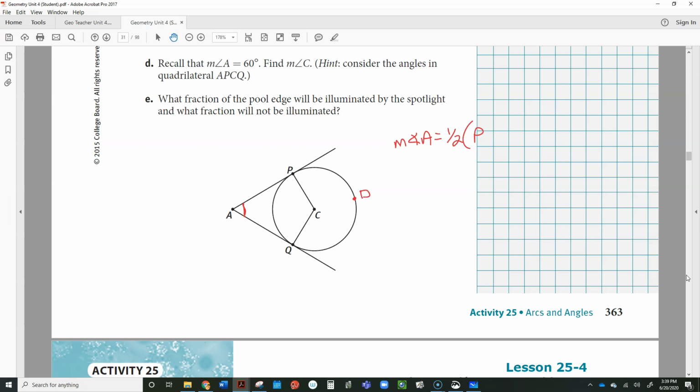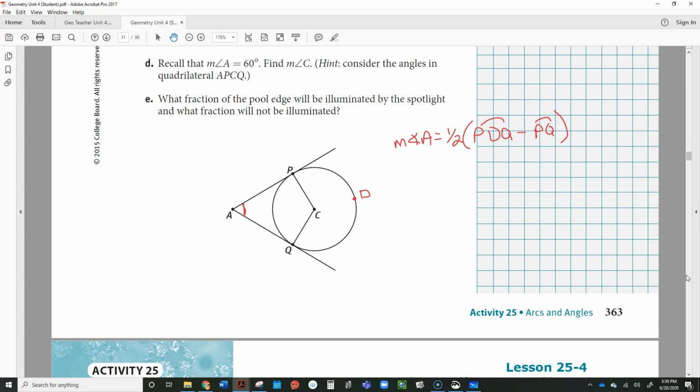We'll call this point D, because I'm going to be talking about this big arc, arc PDQ minus arc PQ. The big arc minus the smaller arc. Find that difference, take half of it, and that'll be the measure.